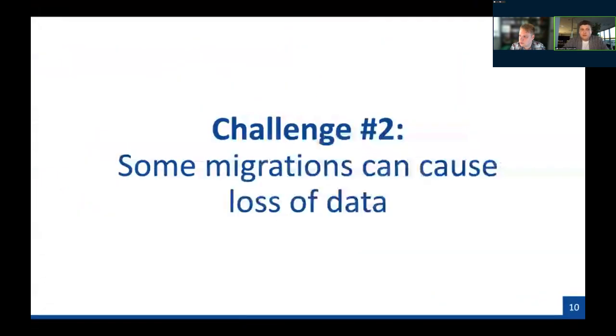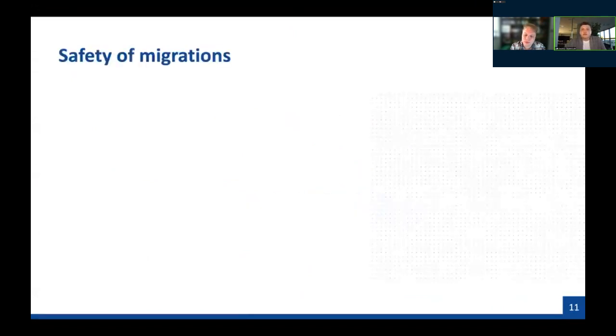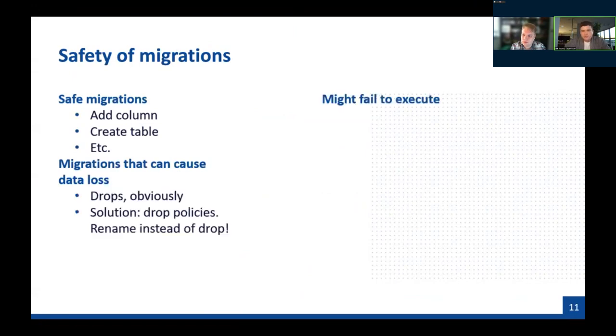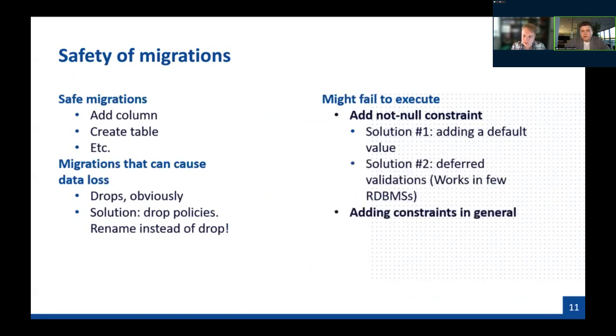This was actually the second challenge, which is that some migrations can cause loss of data. And to sum up, there are three types of migrations. There are safe migrations: add column, create table, etc. Migrations that can cause data loss, which are drops, and migrations that just might fail to execute. Add not null constraint is one of them. We walked through possible solutions.